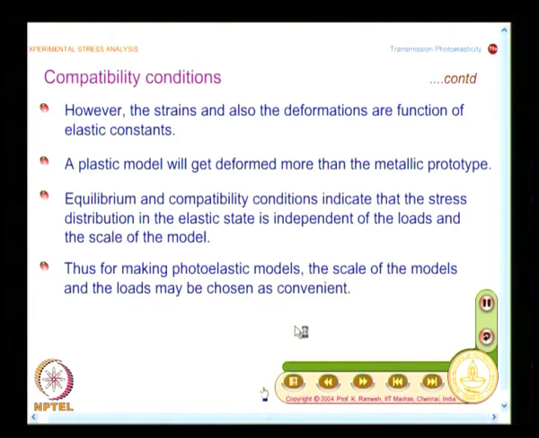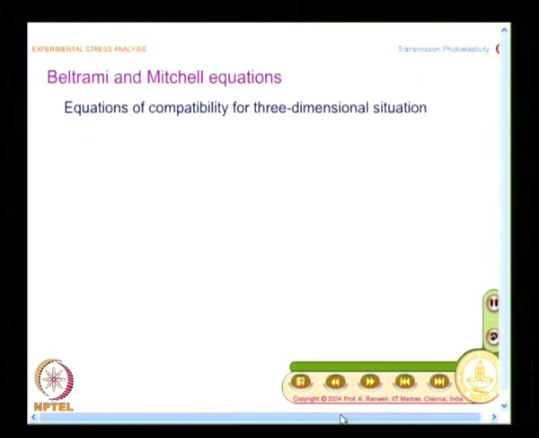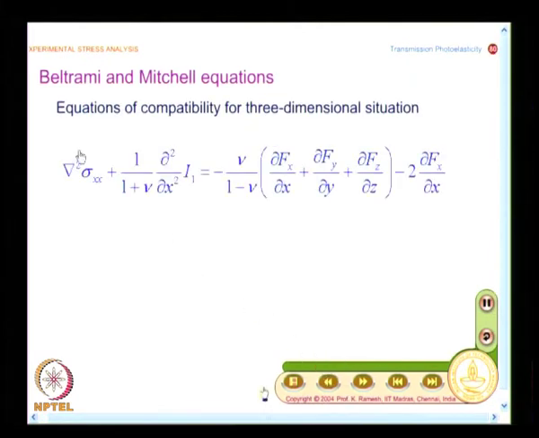Now, let us look at how the compatibility condition looks when I go to a 3-dimensional situation, and these are famously known as the Beltrami and Mitchell equations. You may not find this in several books, and experimentalists are concerned about this.